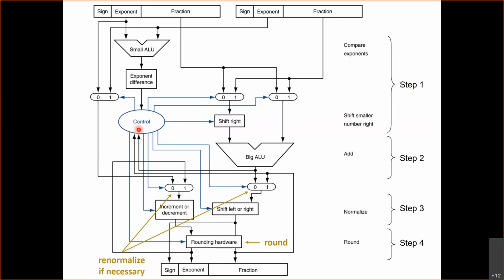The controller checks if the value has overflow, it means we need to shift the decimal to the left. If the value has many zeros on the left, it means we need to shift the decimal to the right. Based on that, the controller tells these units whether to increment or decrement and whether to shift left or shift right. Or maybe in most cases, we're probably not going to shift and we're probably not going to increment or decrement. Okay. Any questions?